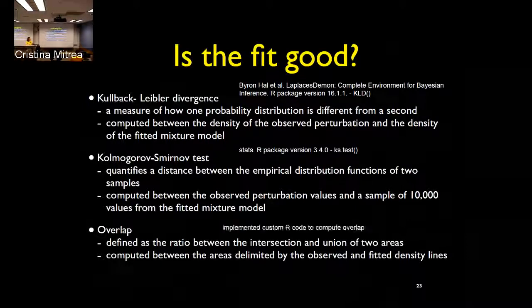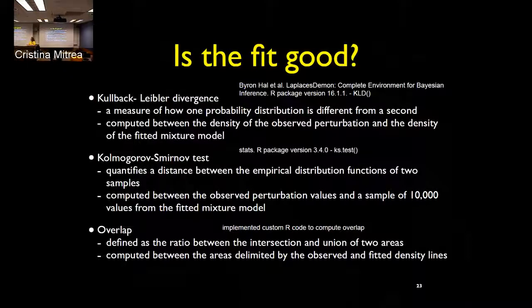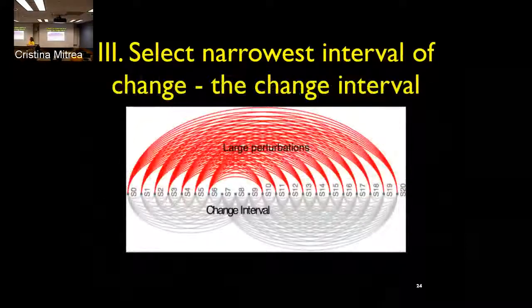So we used different measures that are complementary to see if our distribution was well fitted. Our two distributions were well fitted. And as I show a little bit further in the results, those gave us confidence when we looked at the results to either move on with the method or adjust it if needed to perform better.